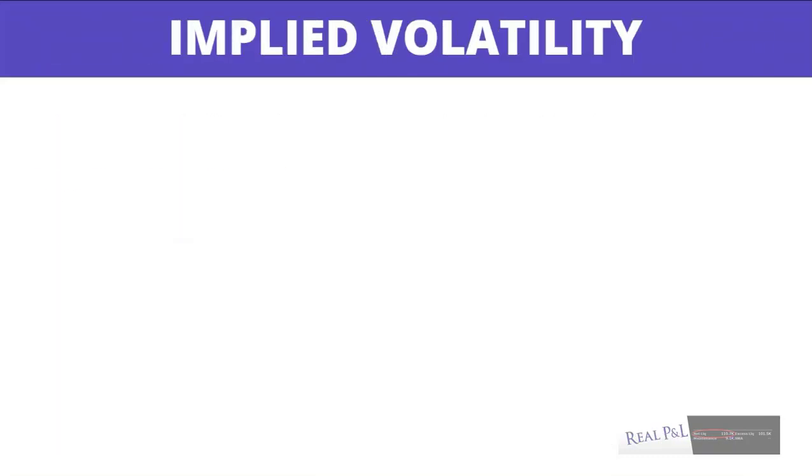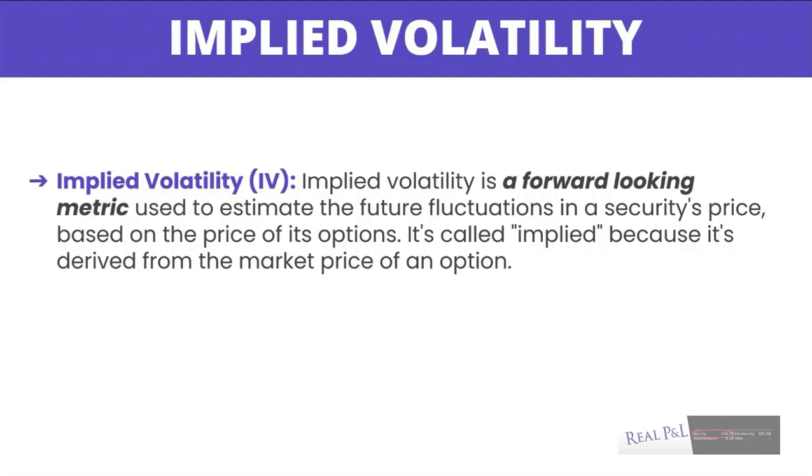So, implied volatility. It's a forward-looking metric used to estimate the future fluctuations in a security's price based on the price of its options. It's called implied because it's derived from the market price of an option, and it's more of a statistical guess of what the future is going to be.